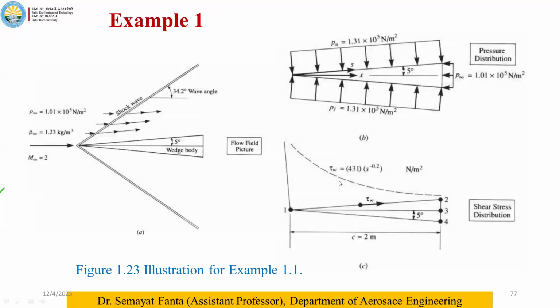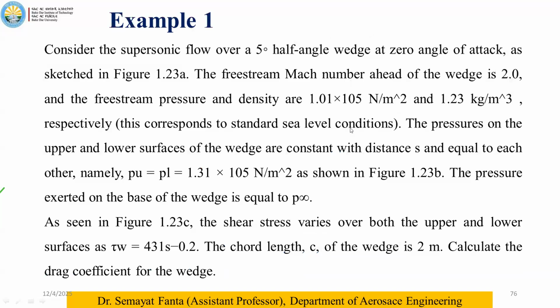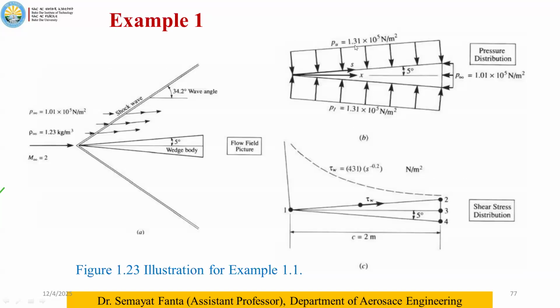So let me show you. The pressure at the top and the pressure at the bottom are given here. The free stream pressure is 1 times 10 raised to 5 Newton per meter square.